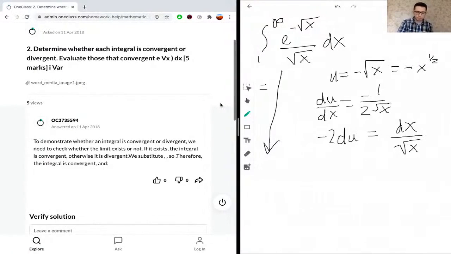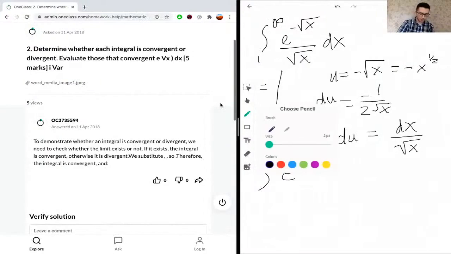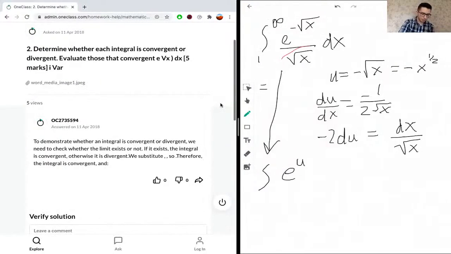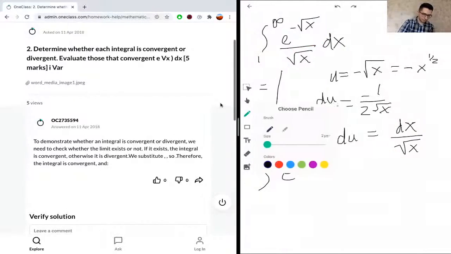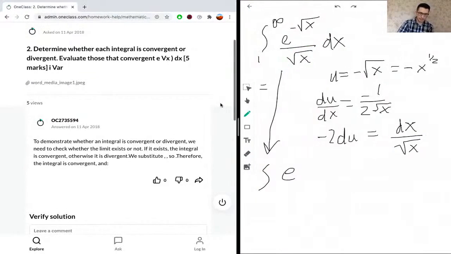So we'll take this down here. The first component that we can substitute in is u equal to negative square root x. So we'll say the integral of e to the u. And then for the bottom part, we want to substitute this part of the equation with this. And that will give us negative 2 du.